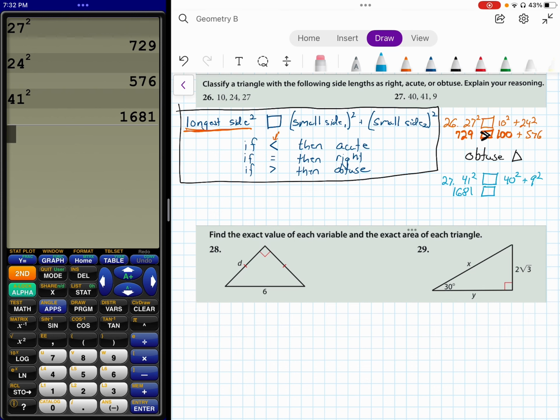And we're going to compare that to 40 squared. That's pretty easy because 4 times 4 is 16. So that's actually 1,600. 9 squared we know is 81. Oh, and it happens that it is the same. Well, 1,681 equals 1,681. And so we know, since they are equal, that it's a right triangle.